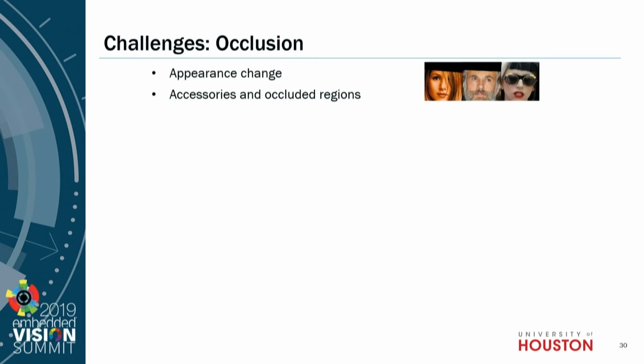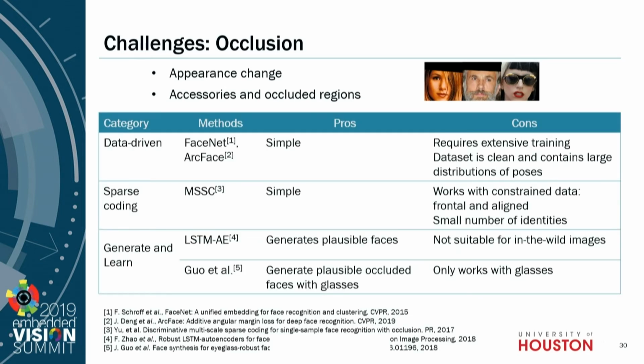Occlusions are an important aspect, and you have to take into consideration what kind of occlusions you expect on your prototypical or archetypical customer. Are you expecting to see a lot of facial hair, or the subjects to wear eyeglasses, for example?